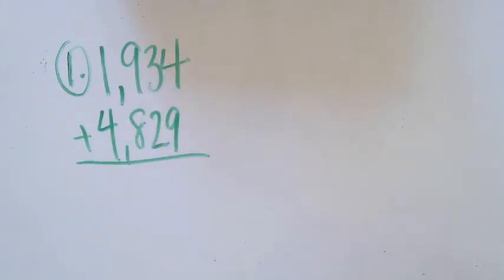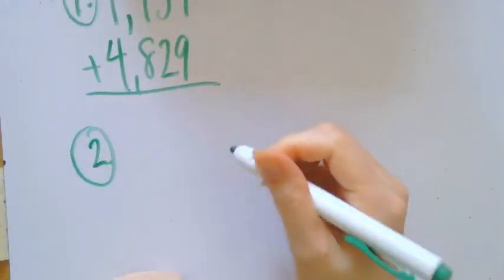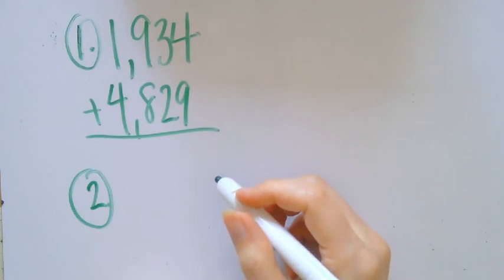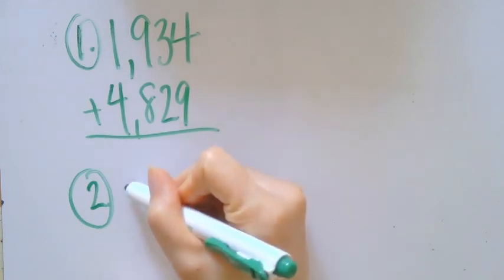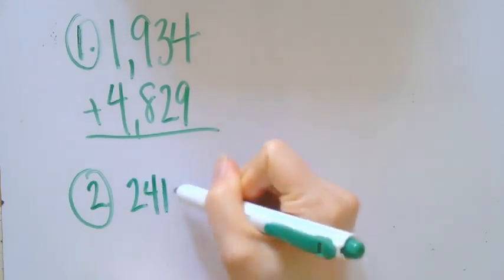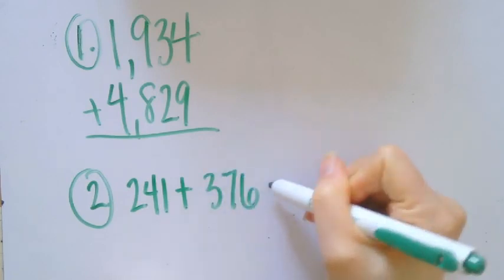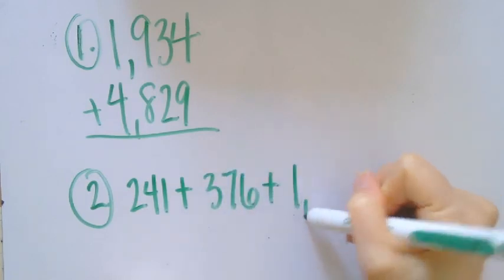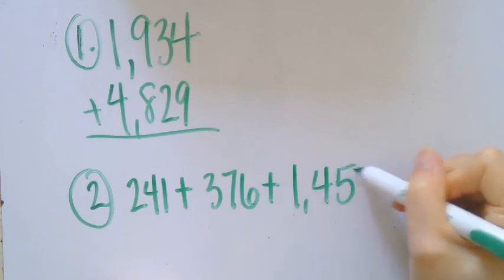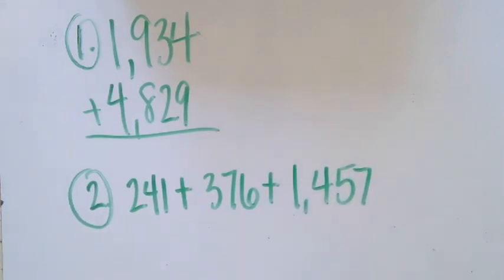Okay, and number 2. I'm going to write this one horizontally. 241 plus 376 plus 1,457. All right, this is your assignment for today.